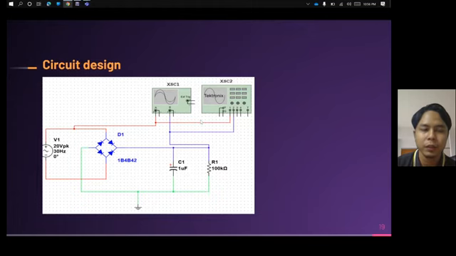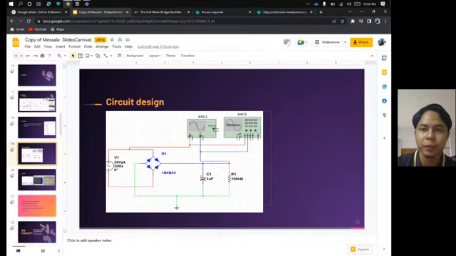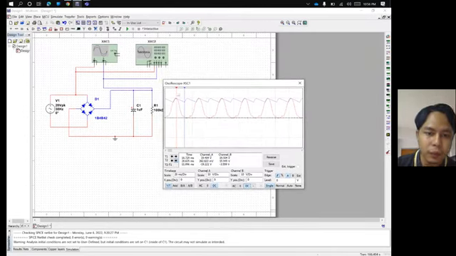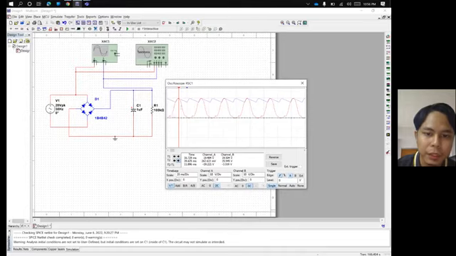Now I would like to show some demonstration of the output. If you can see here, the red line represents the output from the rectifier.